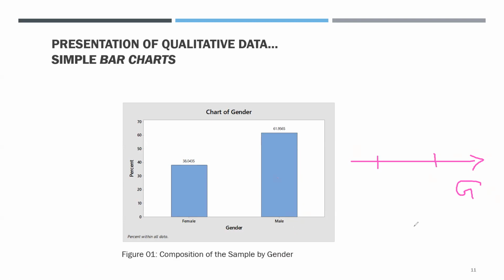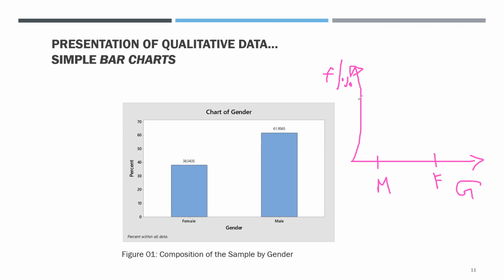Since you have two categories for the variable gender, here you can mark male and female. And the vertical axis you can represent with the frequency or the percentage.